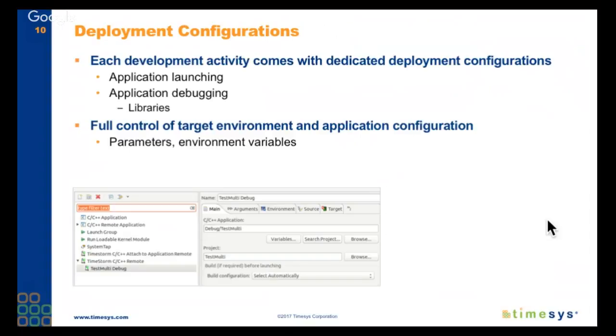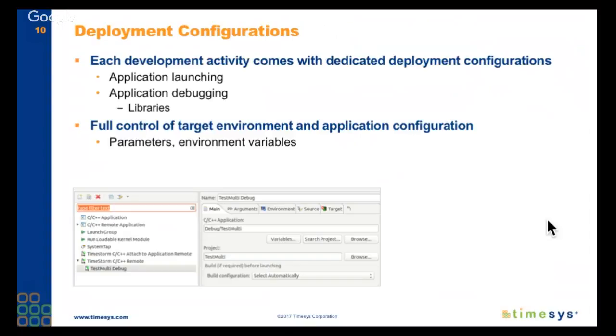Those deployment configurations allow you to control fully the target environment application configuration. What does it mean? Well, sometimes we want to export certain environment variables to the target, something that's not exported as part of the system boot time. But our application counts on it.